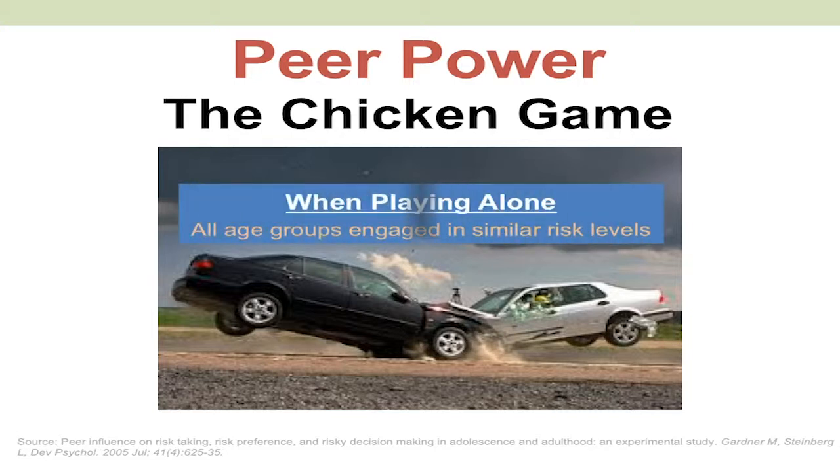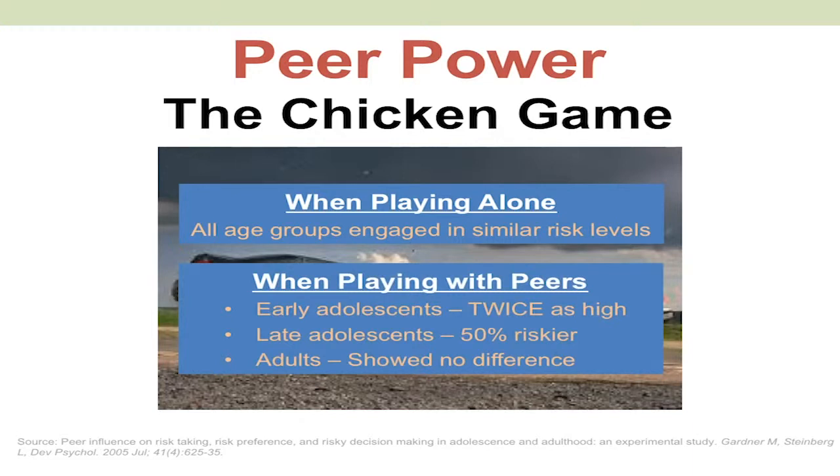When tested alone, the participants from each of the three age groups engaged in a similar amount of risk-taking. However, when they played the game with their peers, early adolescents scored twice as high on an index of risky driving. Late adolescents were approximately 50% riskier when they played the game with their peers, and adults showed no difference in risky driving related to social context.